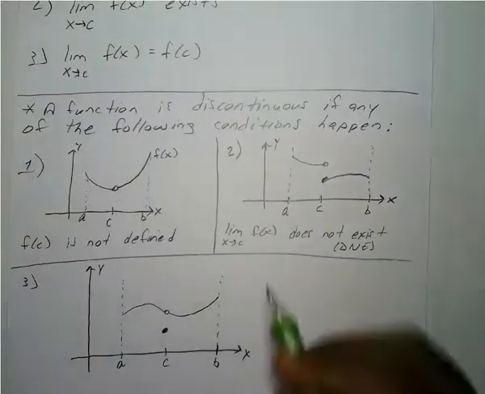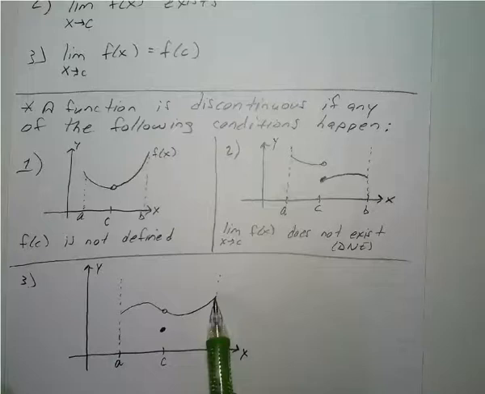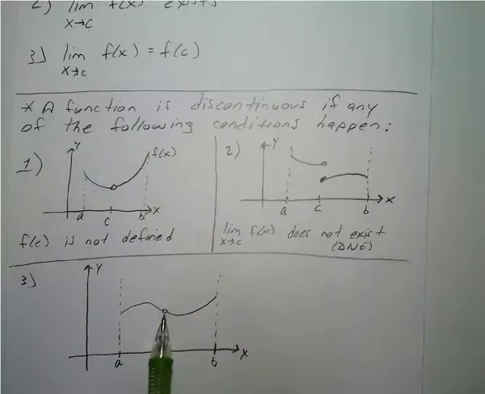Okay. So we can see here that the limit approaching C to the left and to the right are both the same value. They're both meeting at the same place.